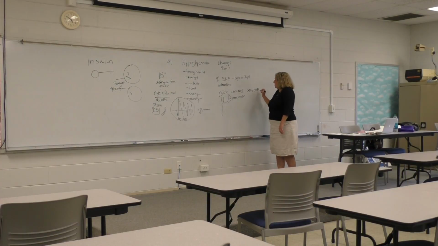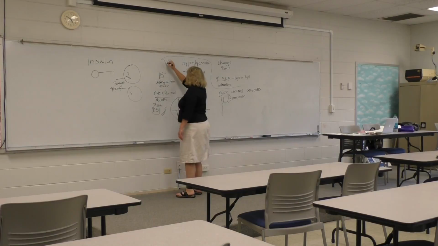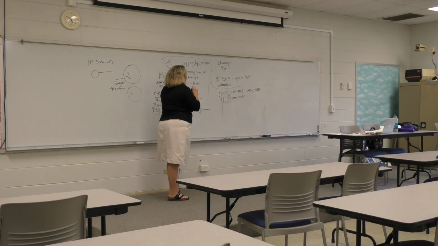If the brain doesn't have this, problems ensue. So, diabetics need to be able to recognize their sympathetic nervous system when it starts to come on.